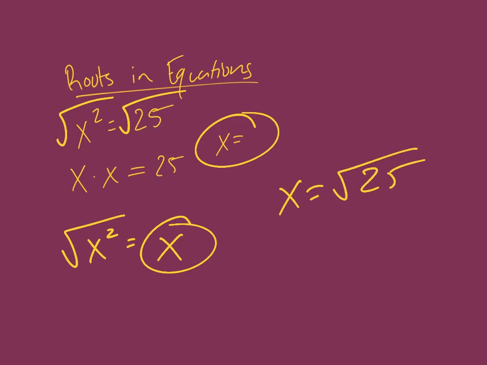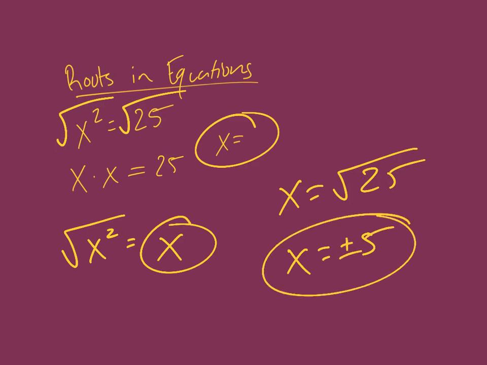I still need to solve that number, and so x is equal to 5 or negative 5, and both give me an answer that solidifies this problem. Negative 5 times negative 5 equals 25, and positive 5 times positive 5 also equals 25. Both of those numbers give me solutions.